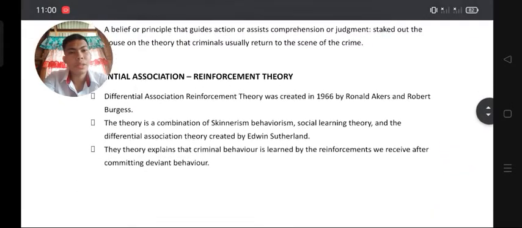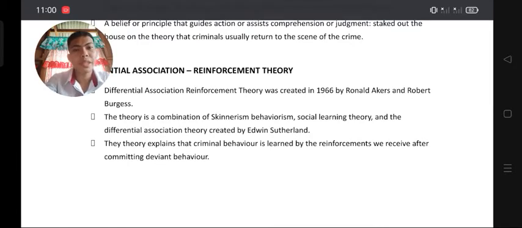Differential association reinforcement theory. Differential association reinforcement theory was created in 1966 by Ronald Akers and Robert Burgess. The theory is a combination of Skinnerian behaviorism, social learning theory, and the differential association theory created by Edwin Sutherland.